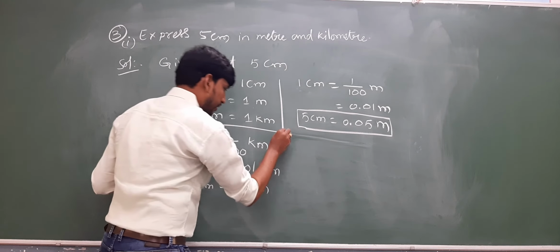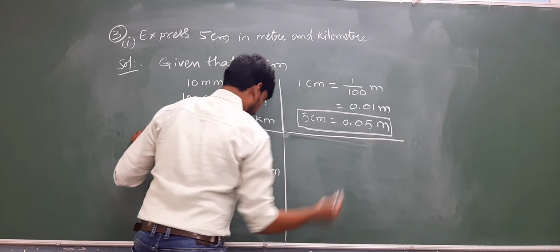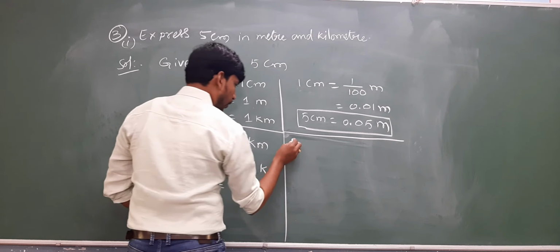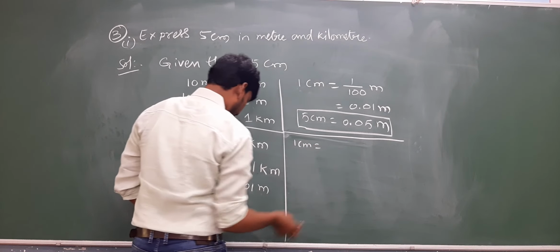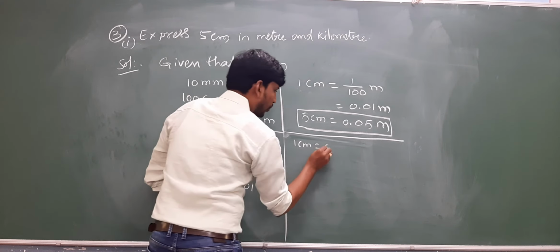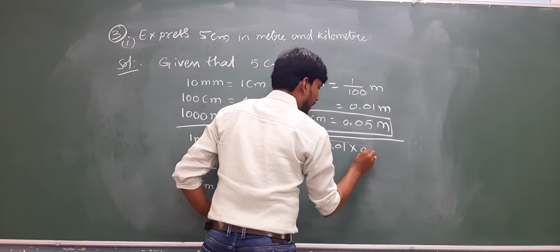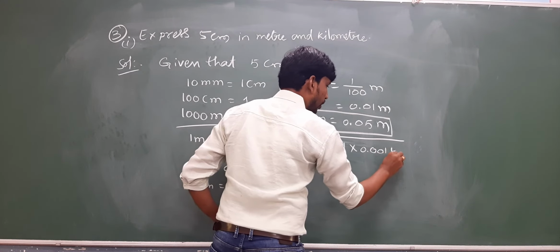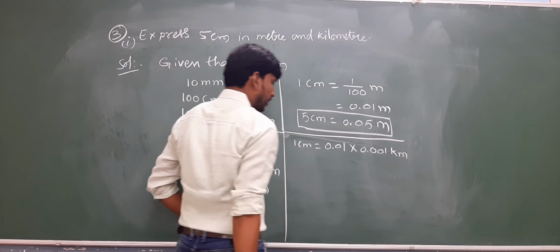So I am going to write it here. 1 centimeter is equal to 0.01 meters into 0.001 kilometers. Now how to multiply? Simple, you just multiply 1 and 1. Now 1 we should write here.